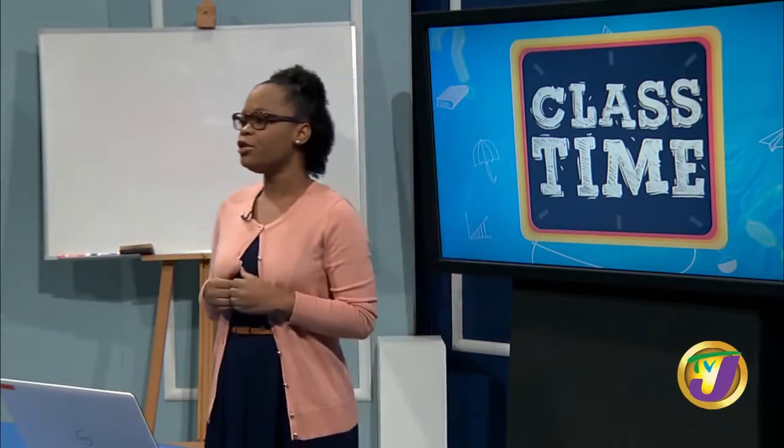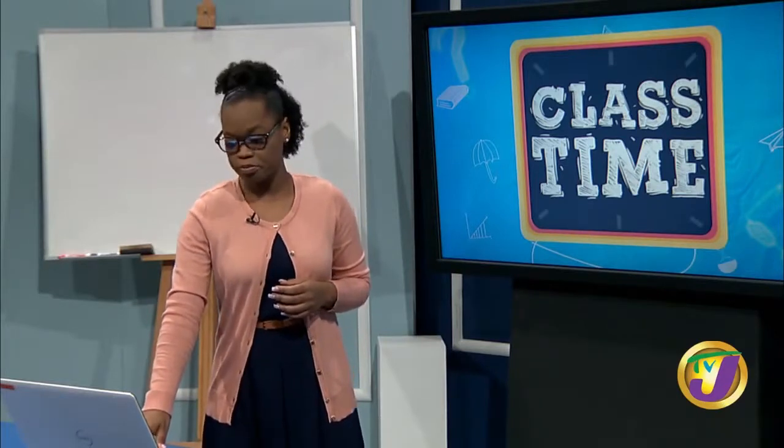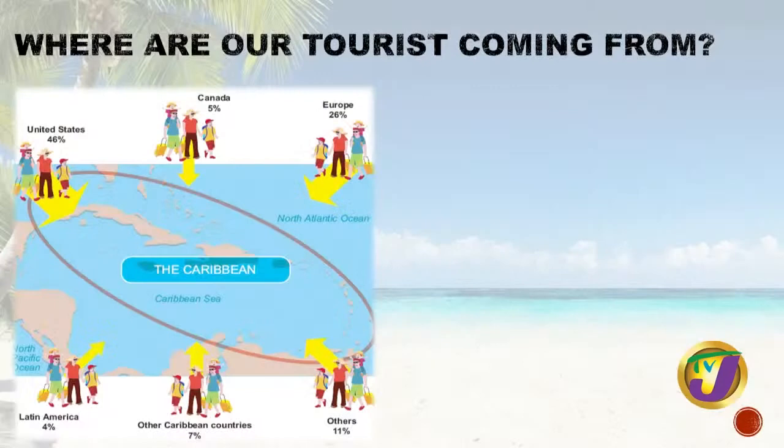Looking at the Caribbean region, we want to know where our tourists are coming from. I want you to look on my flow map. You will see some arrows and some numbers. Now, the arrows are indicating by their size the direction or the movement of the people where they are coming from.